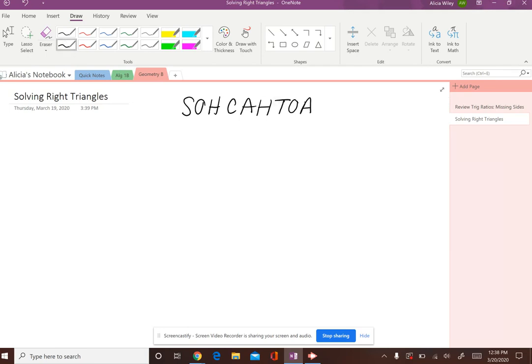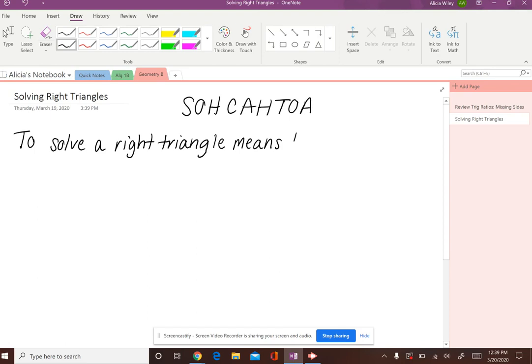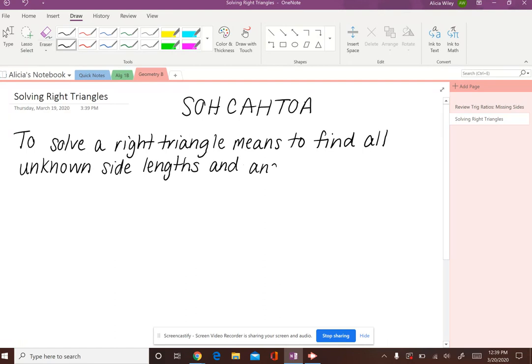Okay, so let's talk about what solving a right triangle means. To solve a right triangle means to find all unknown side lengths and angle measures.